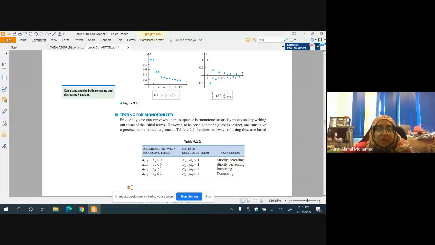They are all summarized in this table here. If the difference is greater than 0, then it is strictly increasing. If it is less than 0, then it is strictly decreasing. If it is greater than or equal to 0, then it is increasing. If it is less than or equal to 0, then it is decreasing.